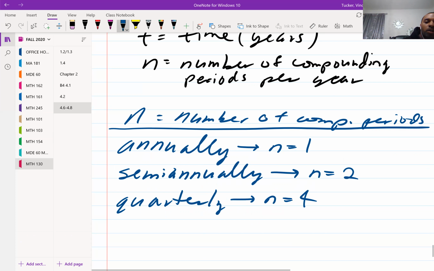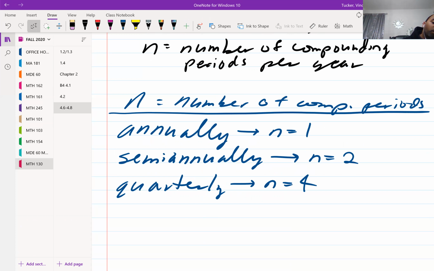Quarterly, N is equal to 4. Monthly, N is equal to 12.